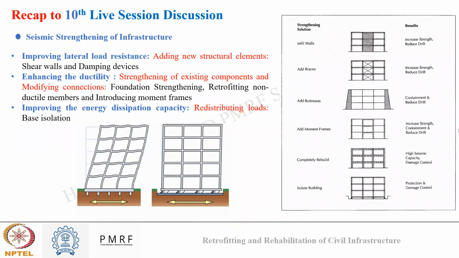Okay. Understanding all these, we finally talked about how seismic strengthening of infrastructure is divided into three categories. Either by improving the lateral load resistance, which can be done by adding new structural elements like shear walls and damping devices. Second can be enhancing the ductility, which can be done by strengthening the existing components and modifying connections, by foundation strengthening, retrofitting non-ductile members, and introducing moment frames.